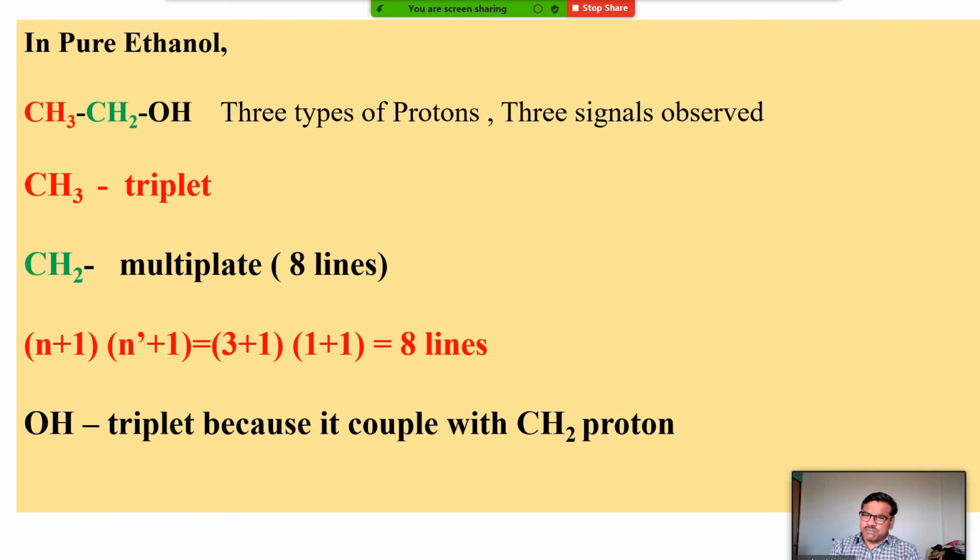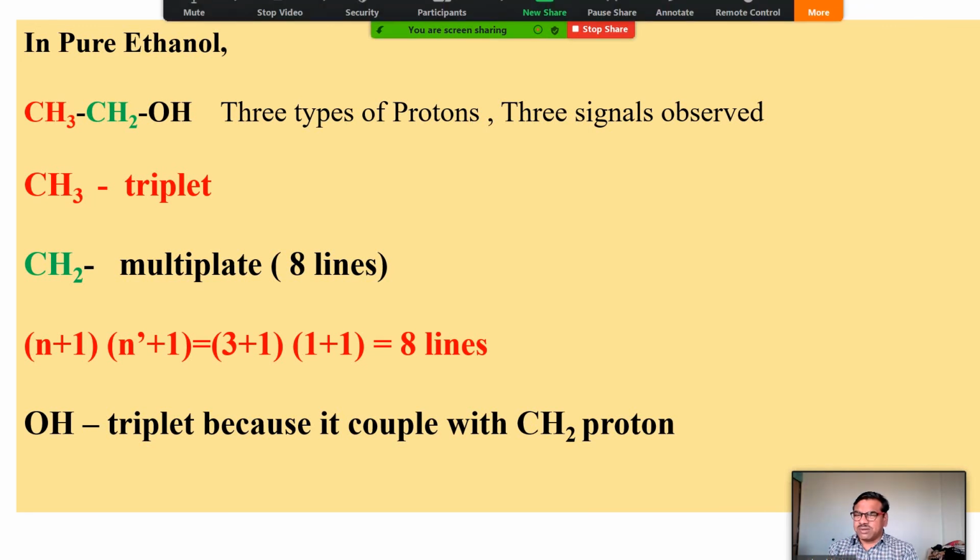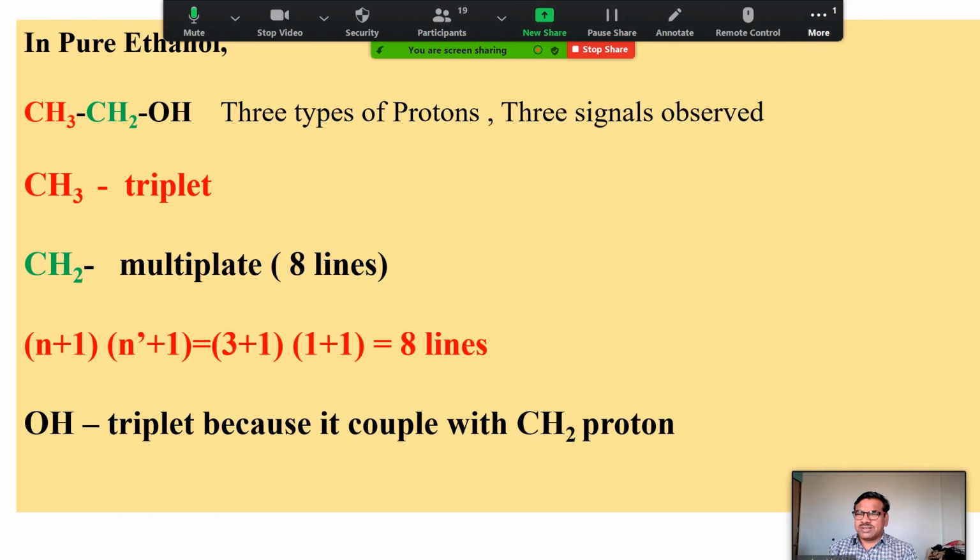Now I have taken another example here, which is ethanol. One I have taken is pure ethanol and the second is impure ethanol, which means it has some water molecule impurity. Now you know the structure of ethanol. It is CH3, CH2, OH. If I ask you how many different types of protons are present in pure ethanol, definitely you can answer: there are 3 different types of protons.